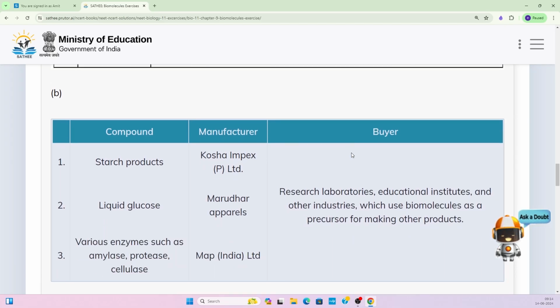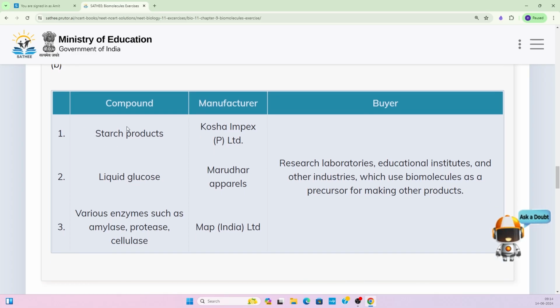Now, the question is about the compound, the manufacturer, and the buyer, right? For starch products, one example of a manufacturer is Kosha Impacts Private Limited. Liquid glucose is from Marudhar Apparels, and various enzymes such as amylase, proteases, and cellulase are from MAP India Limited.